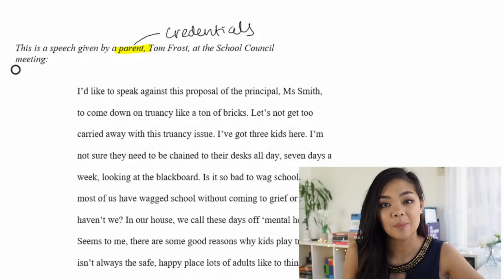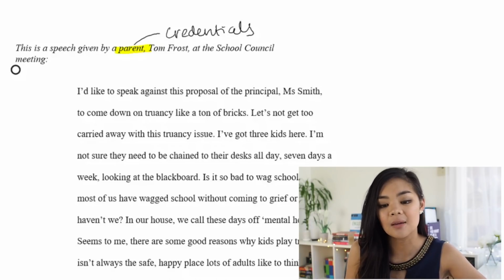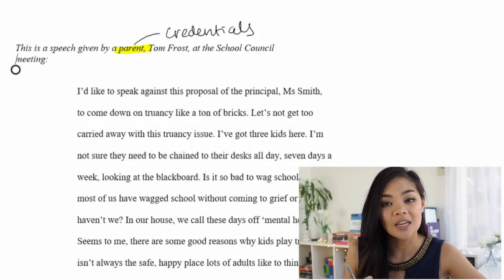The fact that he is a parent goes to show that he is someone who is actually invested in the education of students. So we as readers may be more inclined to believe him or trust him, because he obviously has a child at that school, and so he wants the best for that child. So let's hear what he has to say.